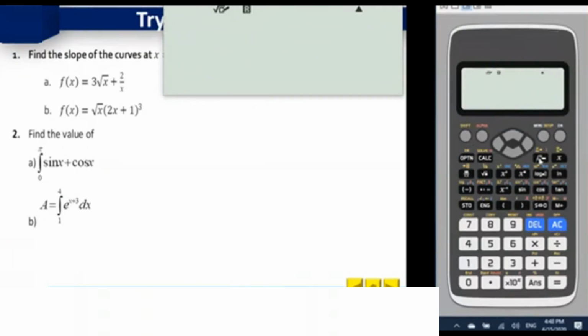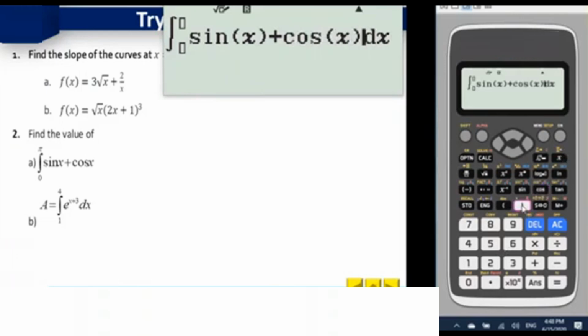Question number 2 is integral of sine x, bracket close, plus cos x, bracket close, and the limits are 0 and pi, and the final answer is 2.